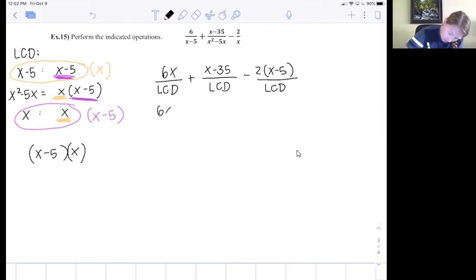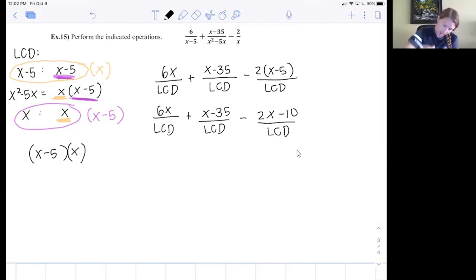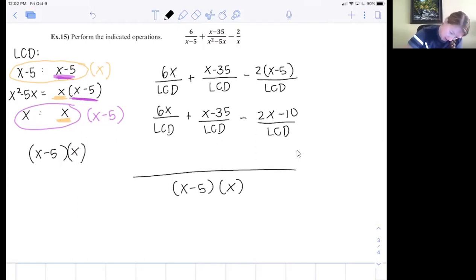Now, I'm just going to rewrite this. But this last time, I'm just going to multiply it out. So minus 2x, and then negative 10 over LCD. Okay, now I'm going to start adding and subtracting. So basically, I'm going to have a big fraction over LCD, which I'm now going to write as x minus 5 times by x.